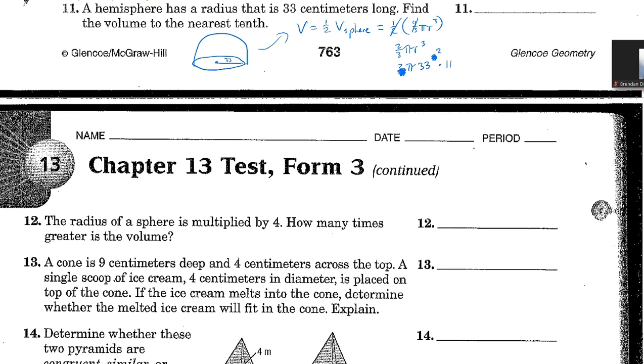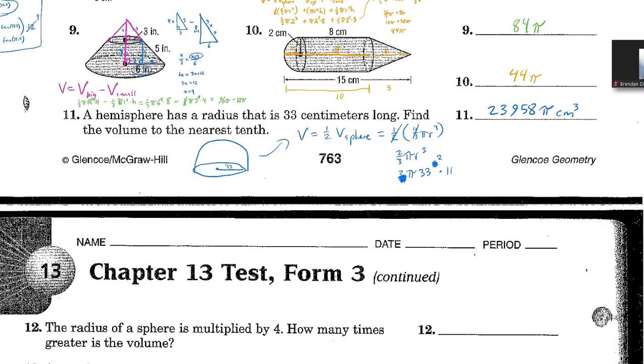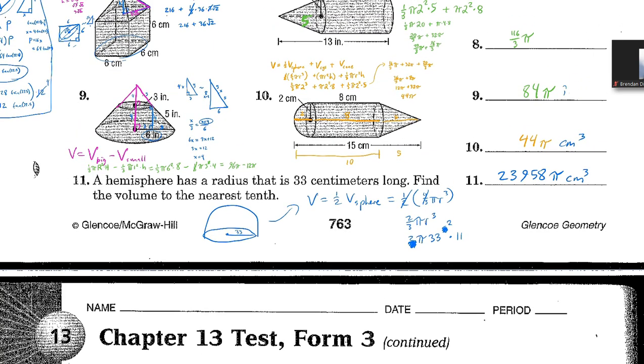So that's 33 times 33 times 11 times 2, that's a lot of pi. So that's 23,958 pi. And that's the exact answer, or you plug it in and get an approximation. Whew, that's a lot. And then the units there would be centimeters cubed.